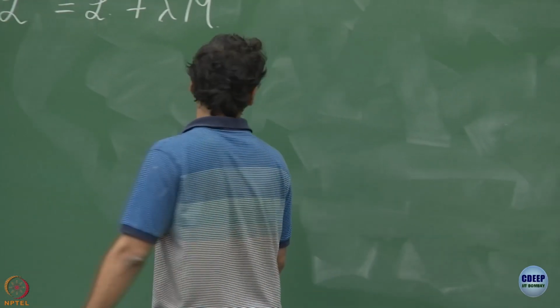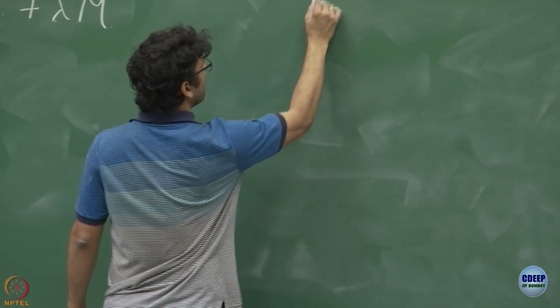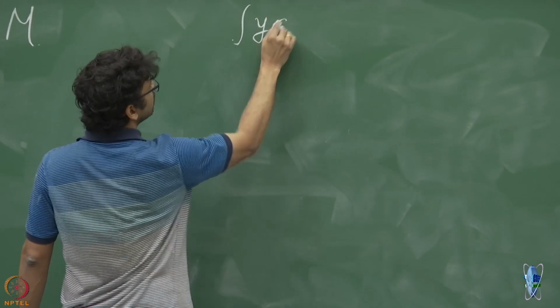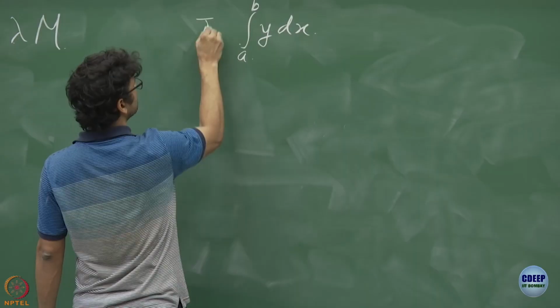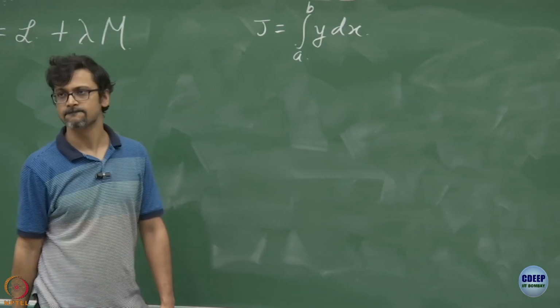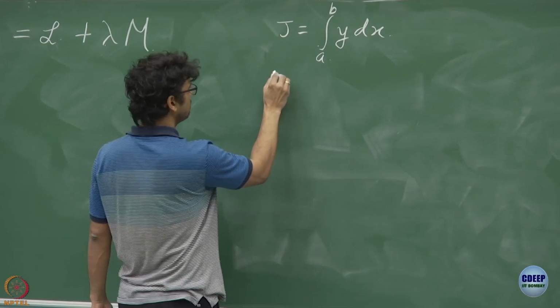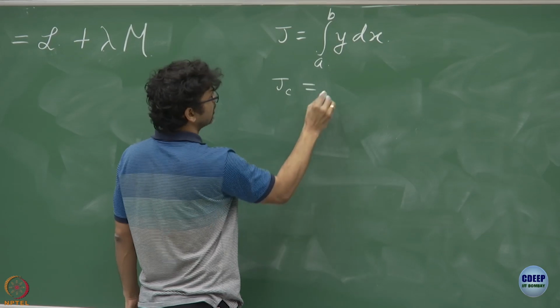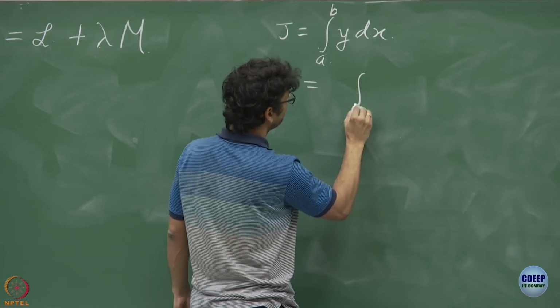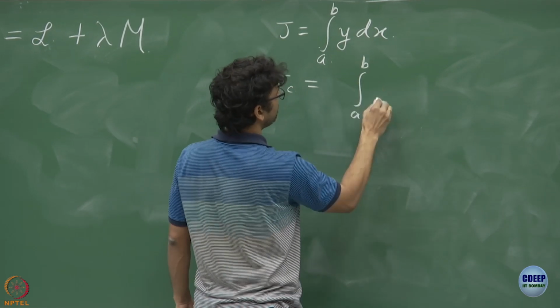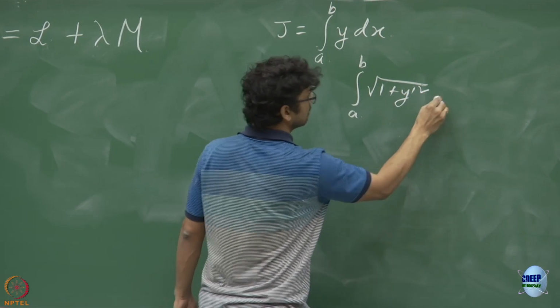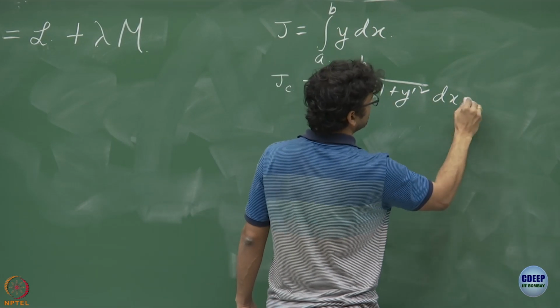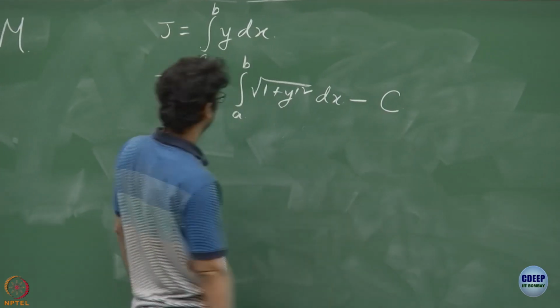So let's look at Dido's problem, where what we had to essentially minimize was this, and subject to a constraint, isn't it?